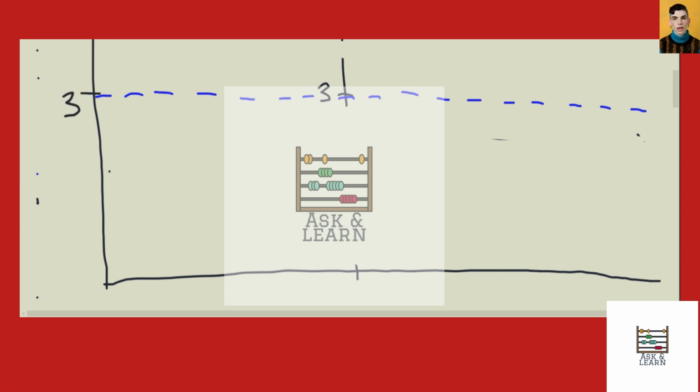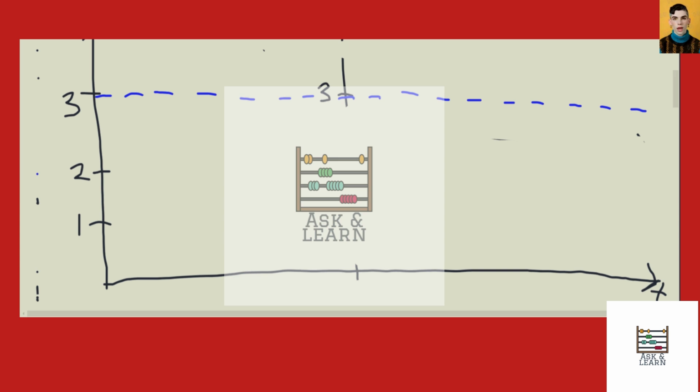This will be 3, this will be 2, this will be 1. And this vertical axis is Q of t.